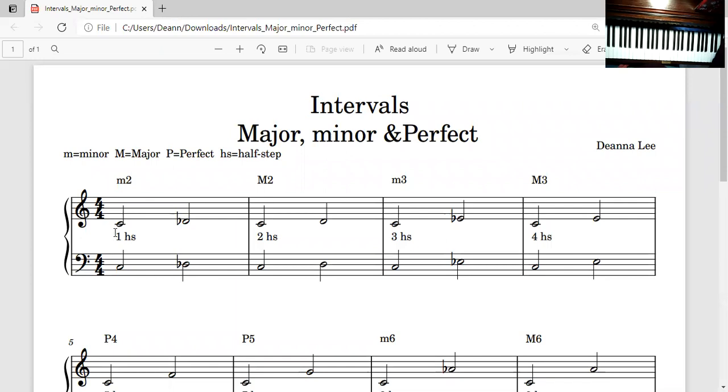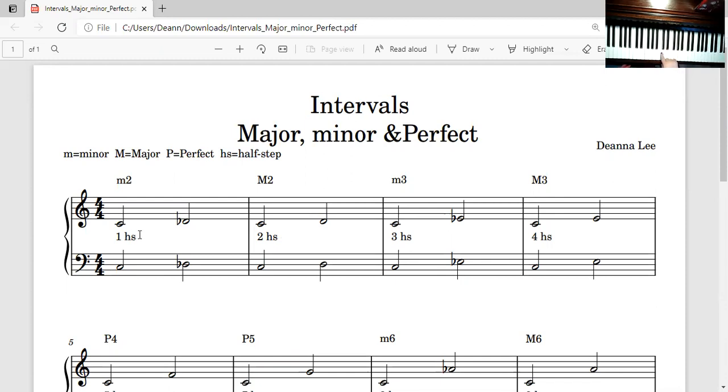As you know, the distance from C to D is a second. The two keys are right next to each other on the piano, and the two letters are consecutive. Notice this first example here. My abbreviation here means half step.